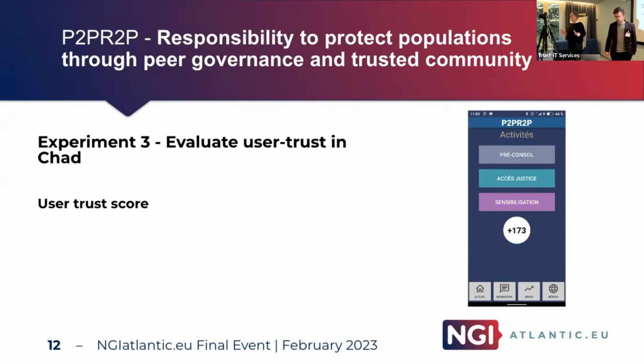Now, they didn't know what plus 173 meant, but they were happy to know that there was a score that would evaluate all of that common activity. The feedback that we got, because we did interviews and questionnaires, was that they appreciated knowing that they're part of something bigger, because they do work in remote areas, right?